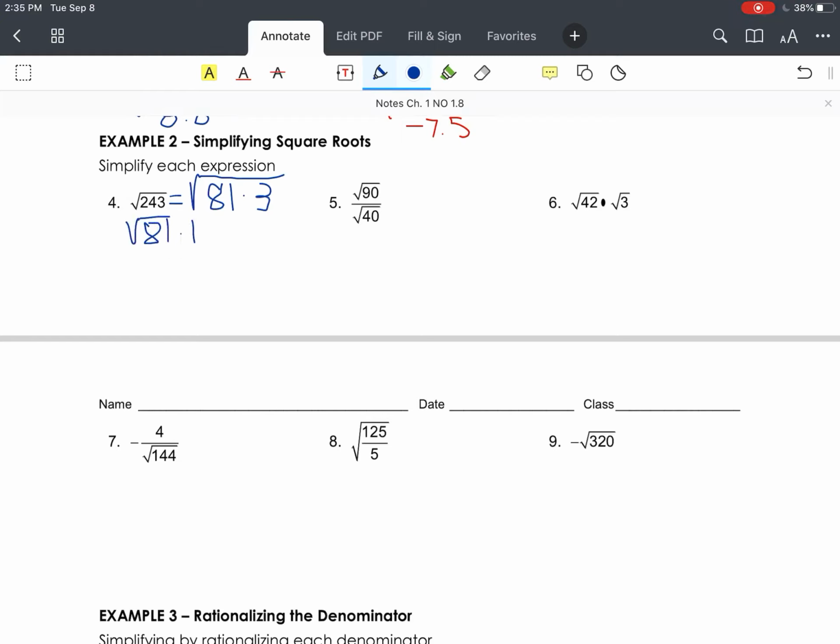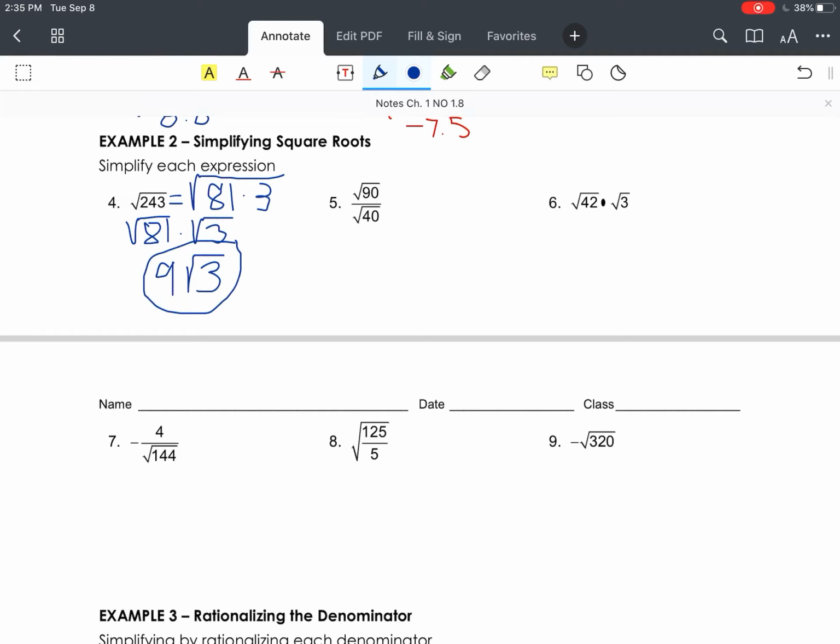If you want, you could even separate these two using the product rule. So I have the square root of 81 times the square root of 3. The square root of 81 is 9. I took the square root, so the square root goes away. The square root of 3 is a decimal. I can't take the square root of it. So that's going to be my final answer, 9 root 3.